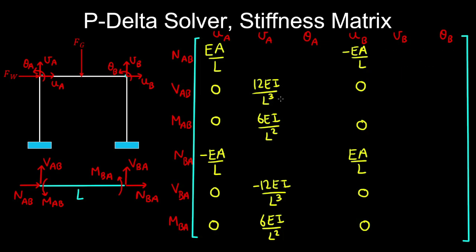Again, if you flip this scenario and instead you applied a unit lateral displacement at node B, the deformed shape of the beam would look something like this, and the stiffness coefficients of the shear forces will be flipped.